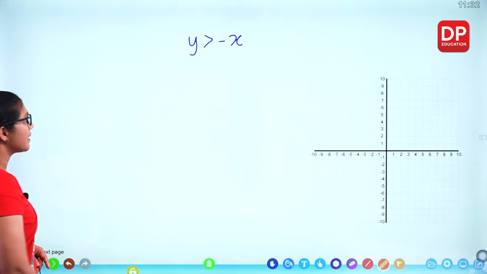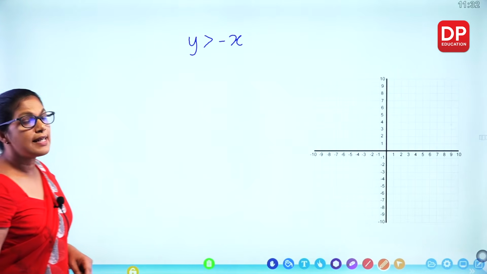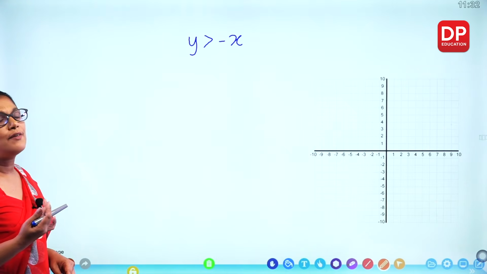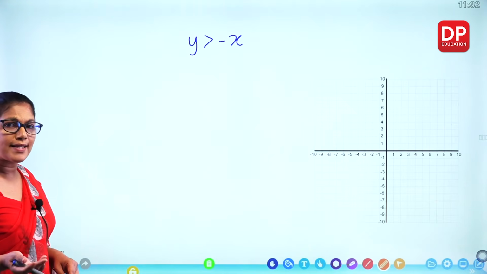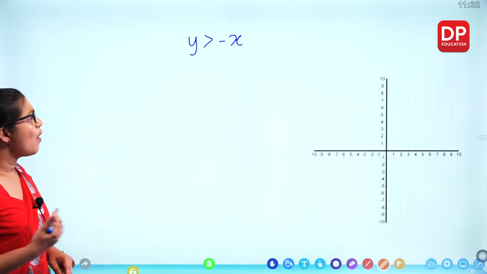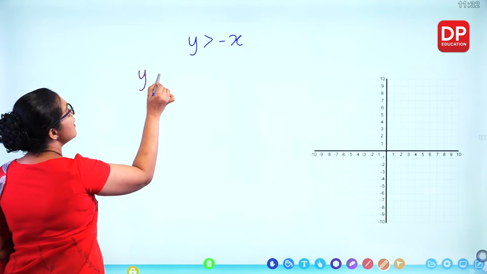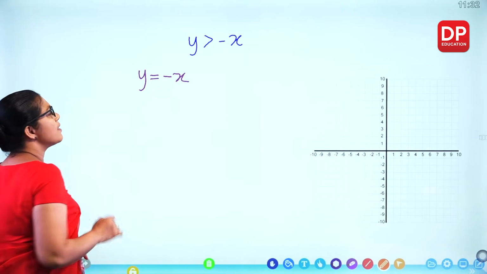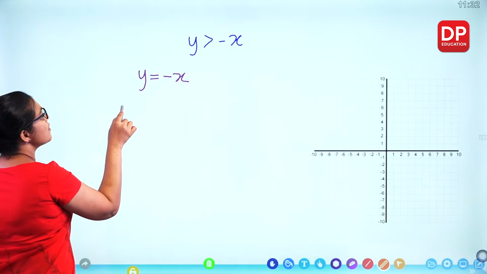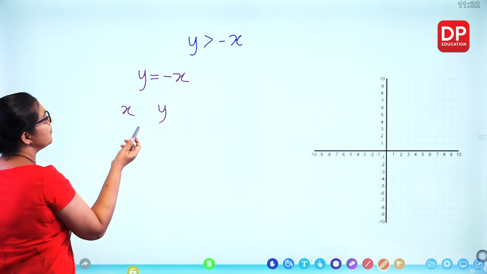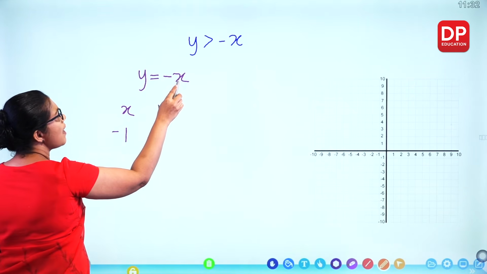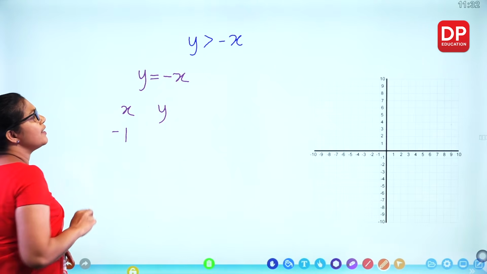Now we'll take this inequality y greater than -x. Earlier we got y greater than or equal to x. Only difference is now there's a minus sign. How can we draw the line? So we have to draw the y equals -x line. So we'll take several points. So I'll take x and y. -1. If this is -1, what's the y value?